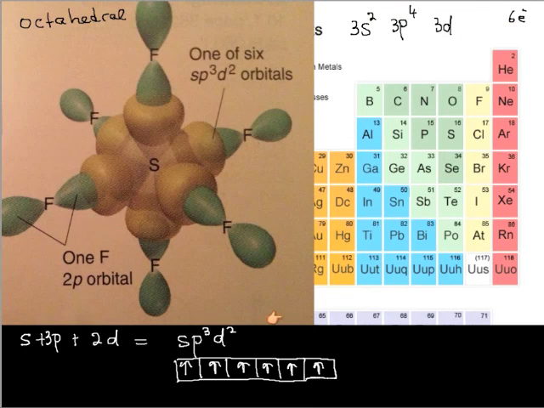So with 6 valence electrons, sulfur can hybridize with s and all of the 3 p's, and it can pull out 2 of the d orbitals from the 3rd energy level, and 1s plus 3p plus 2d altogether gives sulfur a total of 3, 4, 5, 6 orbitals. We call it sp3d2 orbital, and it's a hybrid orbital.